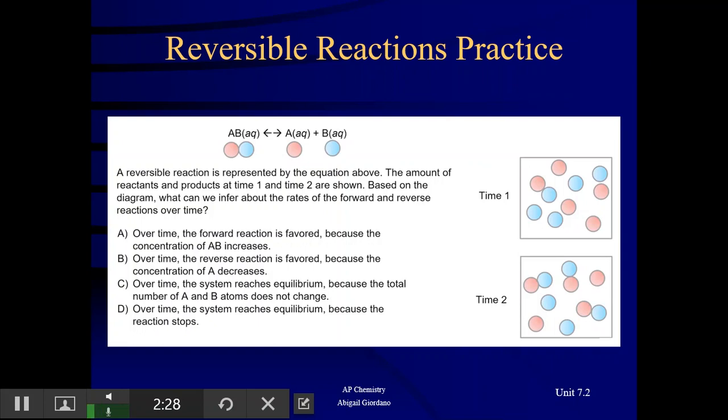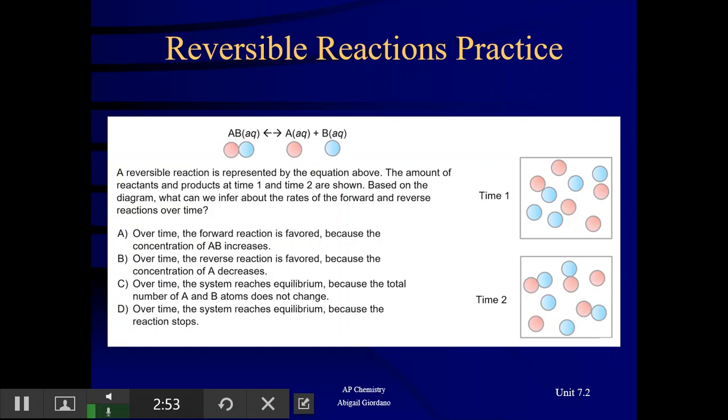You can also see that because there's a double-headed arrow in the reaction, which means it's a reversible reaction. The amount of reactants and products at time 1 and time 2 are shown. Based on the diagram, what can we infer about the rates of the forward and reverse reactions over time?